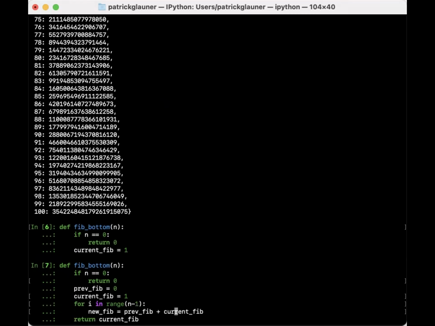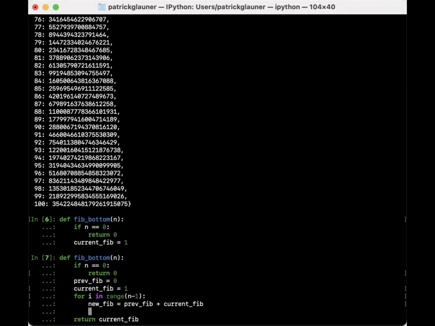And now what I need to do is I have calculated the new Fibonacci number. Now I need to rotate among these variables because I want to have a fixed number of helper variables. I don't want to have n many helper variables because then it takes too much space, which is unnecessary. So I will now say previous Fibonacci number refers to the current one. So the one that was just current is now the previous one.